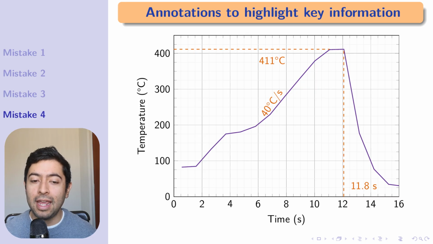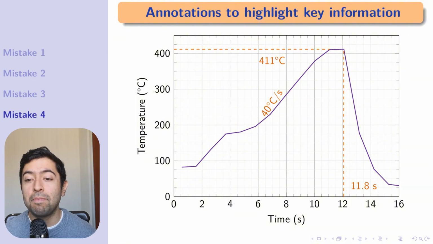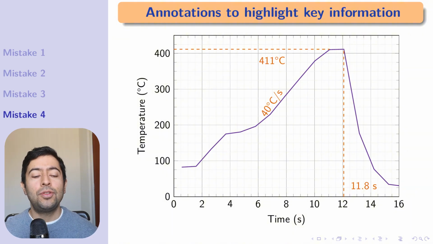So for instance, in this case, very rapidly you can notice that the peak temperature of the heat treatment was 411 degrees C. You can also notice the time of the peak, and I've also added a heating rate, to signal some major key points of the chart. This is also something you want to put into your charts to assist the audience in understanding what the message is. So this concludes the video.